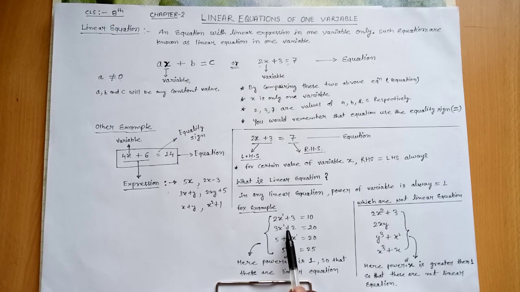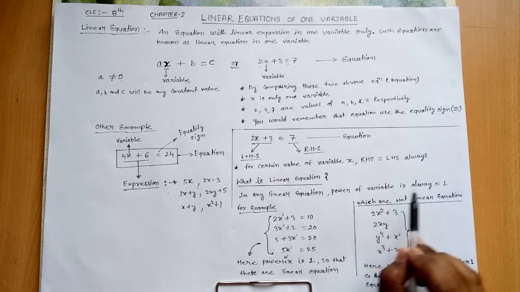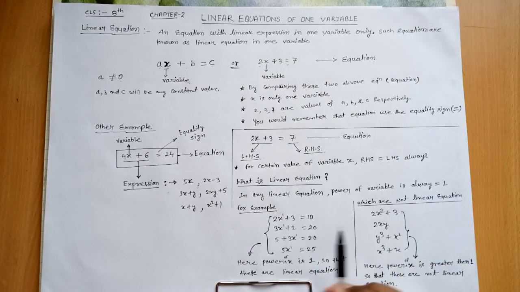So in each of these equations the power of the variable is 1, so these are linear equations. A linear equation means the power of the variable should always be 1.